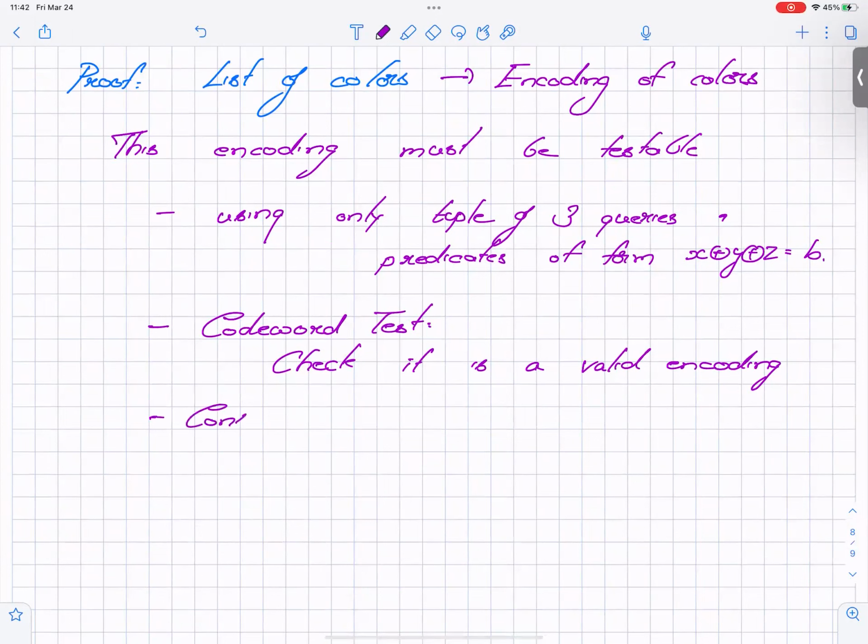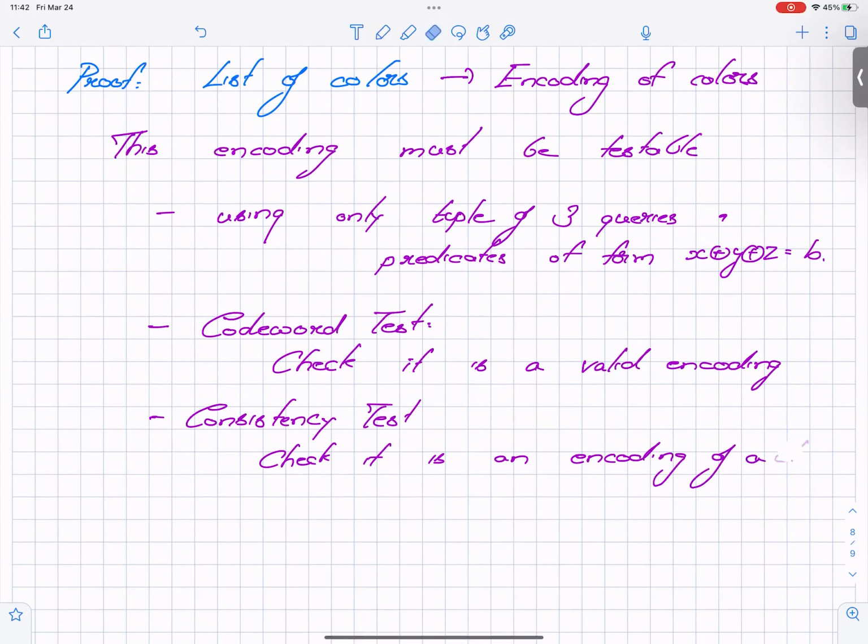That is, check it's an encoding of a coloring that satisfies the label cover projective predicates.